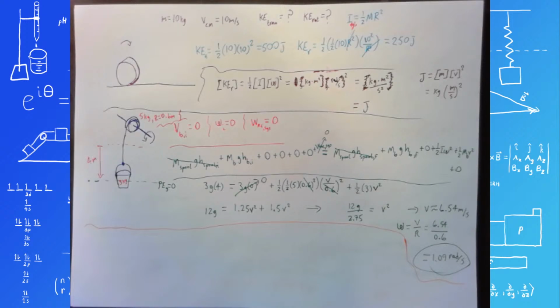So it says a constant torque of 25 Newton meters is applied to a grindstone whose moment of inertia is 0.13 kilogram meters squared. Using energy principles and neglecting friction, find the angular speed after the grindstone has made 15 revolutions.